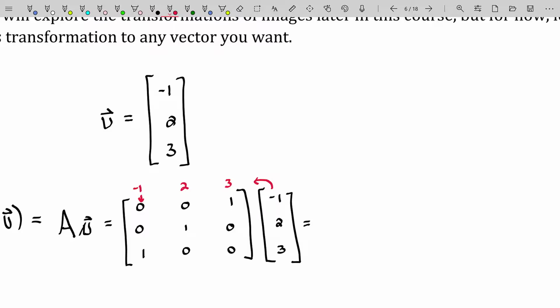I'm just going to multiply this against 0, this against 0, this against 1, and add that product together. Then I'm going to multiply this against 0, this against 1, this against 0, and add up those products. Finally, I'm going to take this -1, multiply it by 1, take that 2, multiply it by 0, take that 3, multiply it by 0, and add up those products as well.